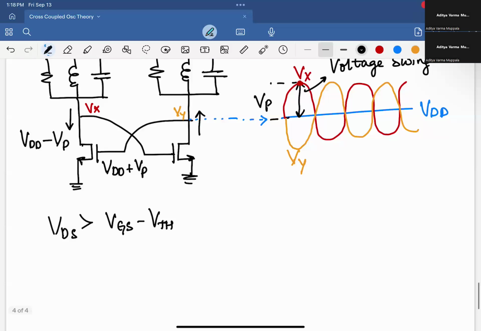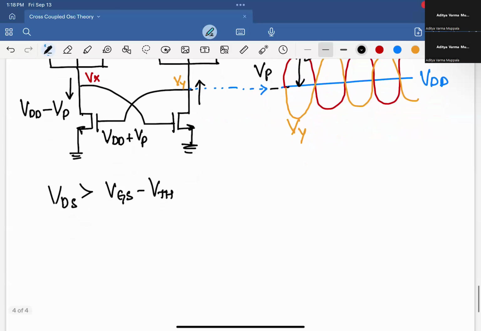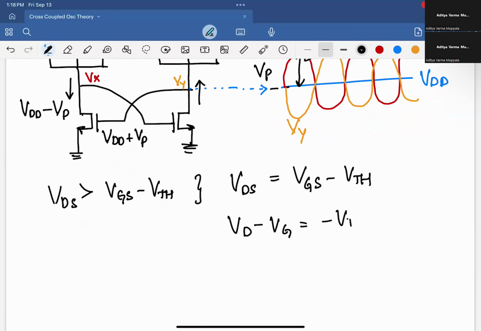right? So if you do some quick maths, I can write this as an equality condition. The maximum value of V peak I can have is when VGS minus VTH is equal to the drain, when they're equal, which is the same thing as VD minus VG being equal to minus VTH.